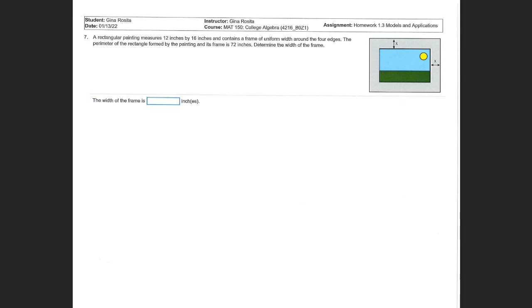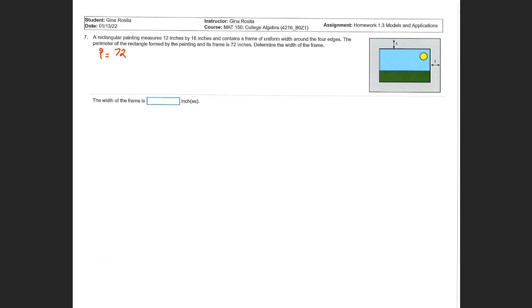Okay, they said the perimeter of the rectangle, so the perimeter is P equals 72. A rectangular painting measures 12 inches by 16 inches.